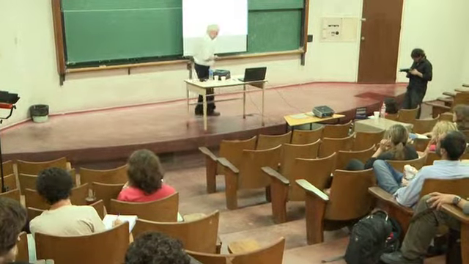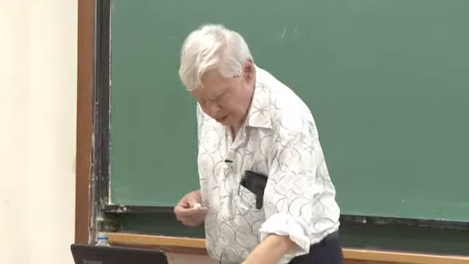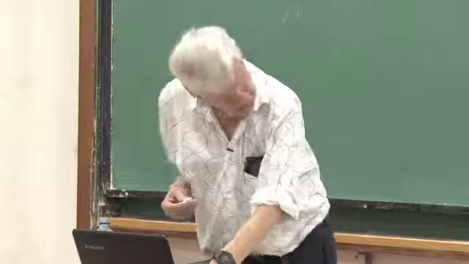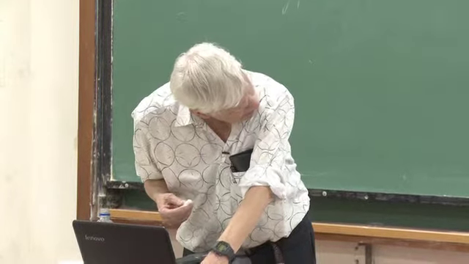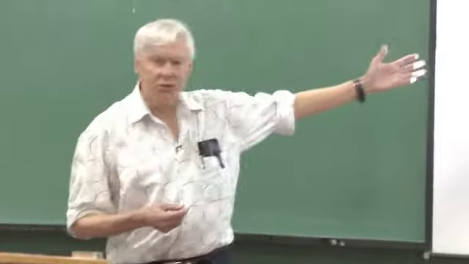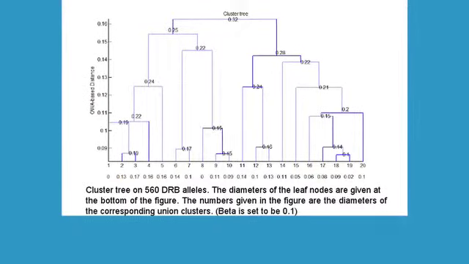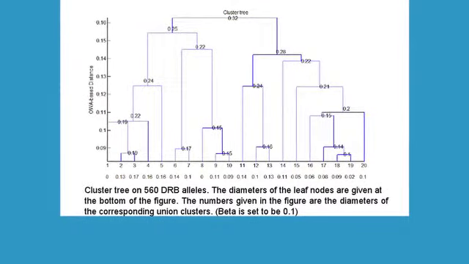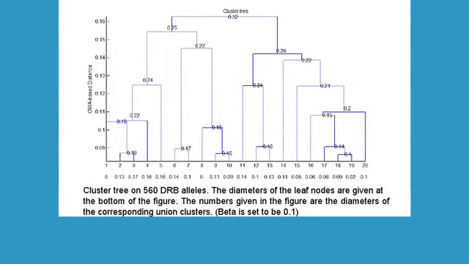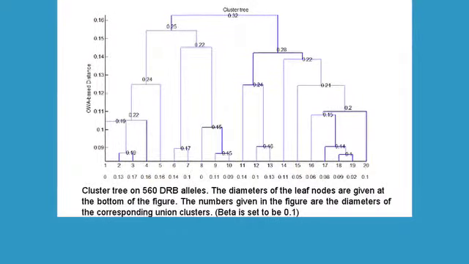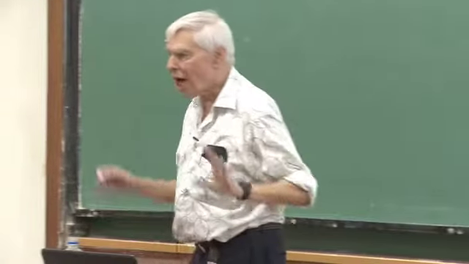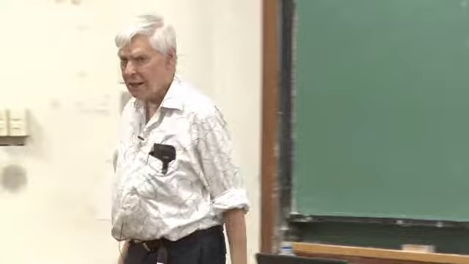And let me just show you, let's see. There it is. That's it. And this is just the top part of the cluster tree. It goes down, down, down until we get singletons everywhere. So this is just the top part of the cluster tree.